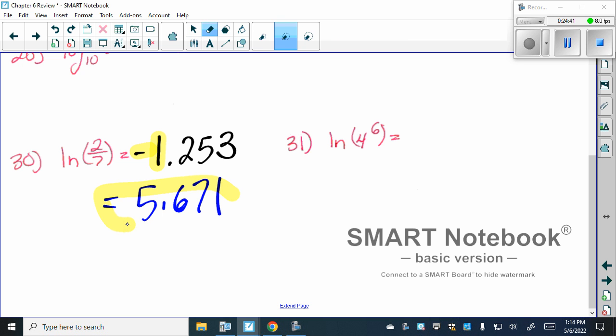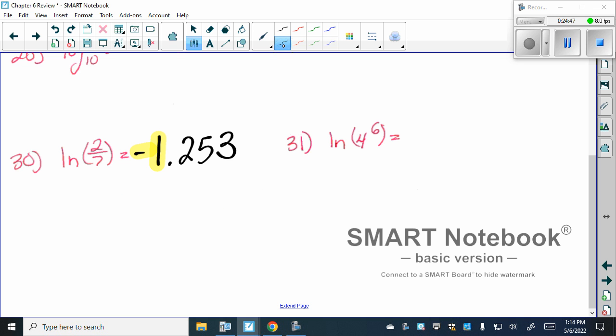As long as you're somewhat within a point or two from the correct answer, so either 3 or 2, 1, something real close to it, I'll take it. But once we get to hundredths, so if it's negative 1.27 something, that's a little too far off.